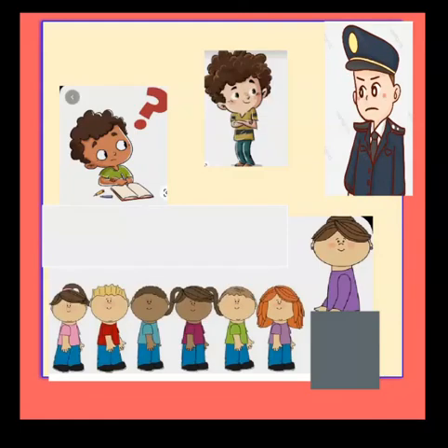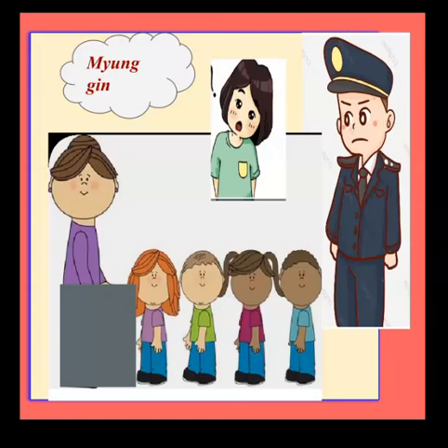Once they appoint an officer to take the rounds of the classroom to see that all the children are following the Japanese rules and also are calling out each other with their Japanese names. Now, it so happens that Kim calls her friend by her old Korean name, that is Myungin. And this particular event happens while the officer is in the class.